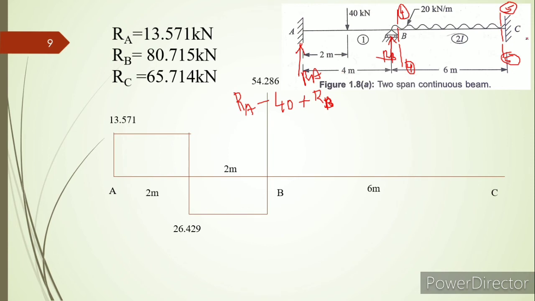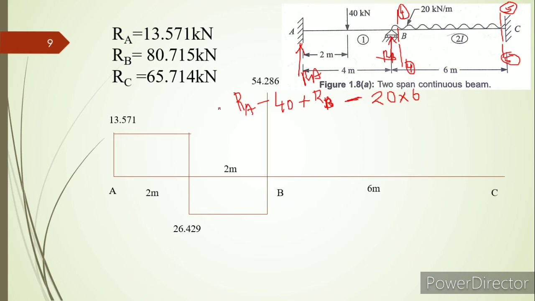Therefore consider the left hand side of this section 5-5. We get shear force equal to RA acting in the upward direction, minus 40 acting in the downward direction, plus RB acting in the upward direction. Then again the UDL is acting in the downward direction, therefore minus the UDL, total load equal to 20 into 6, with a negative sign.